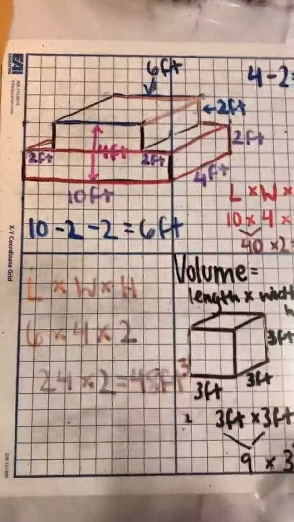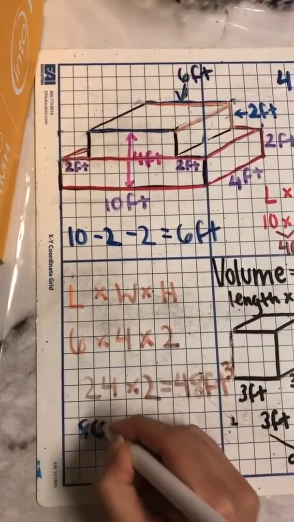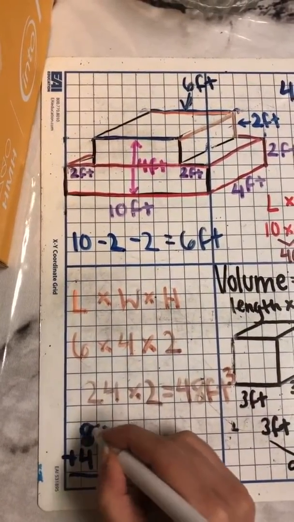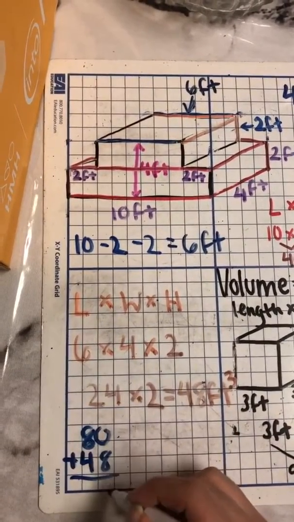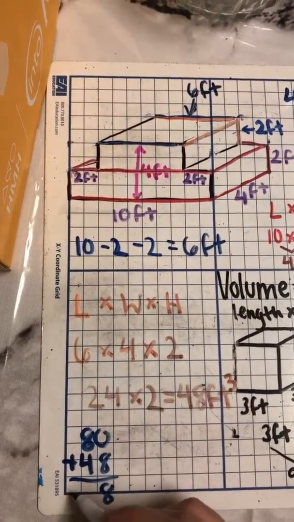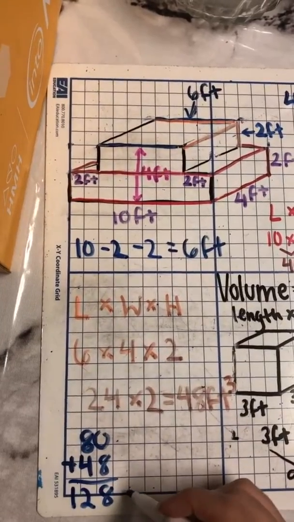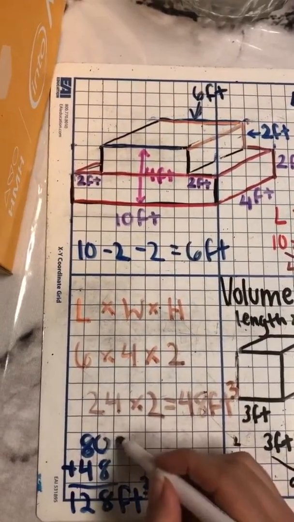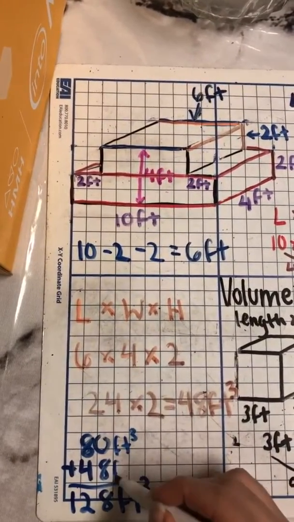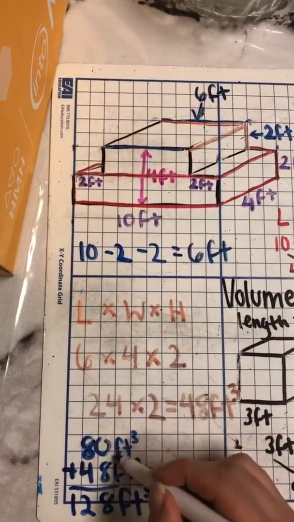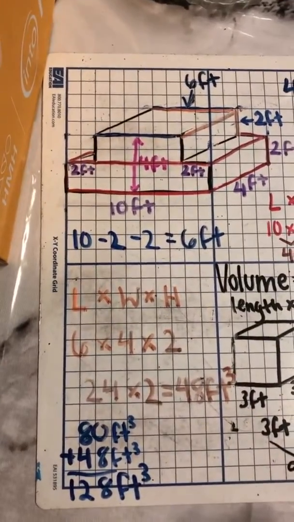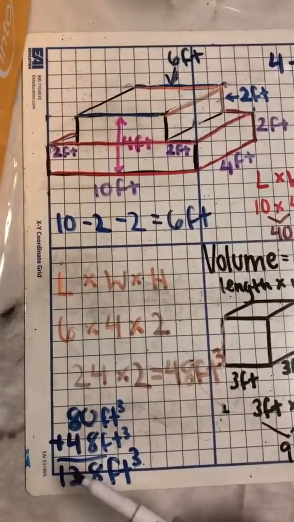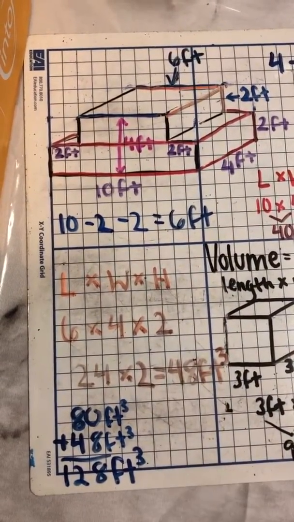So now I have 80 plus 48. 0 plus 8 is 8. 8 plus 4 is 12. And remember, feet cubed, because this was also feet cubed and this was feet cubed. You always have to label. So the total volume of this shape is 128 feet cubed.